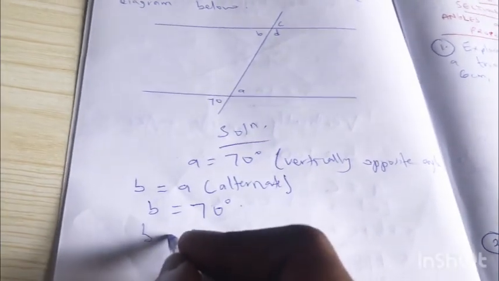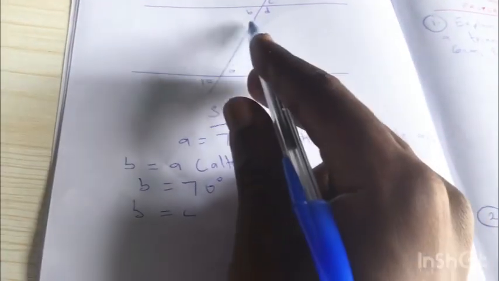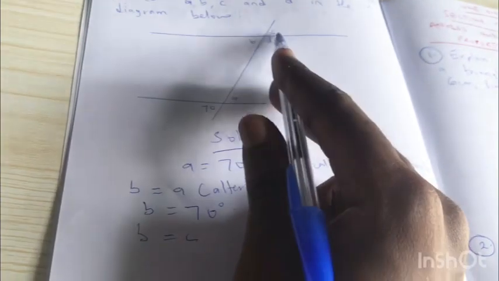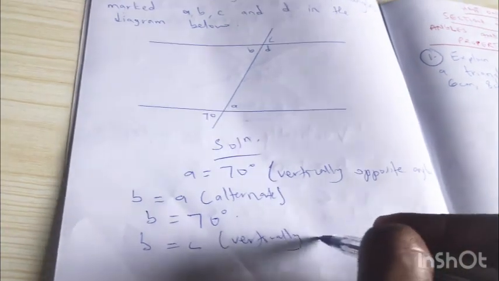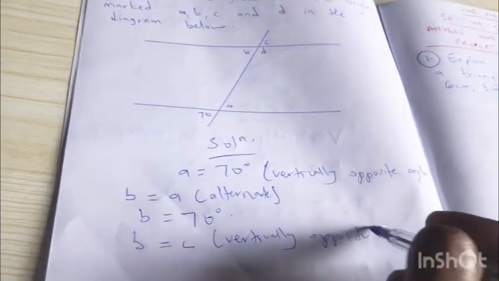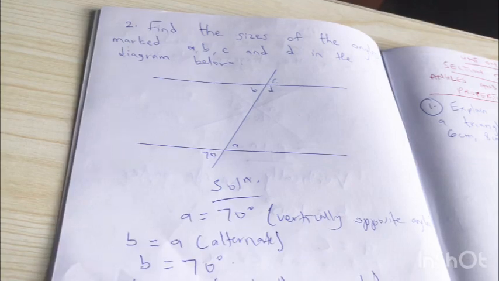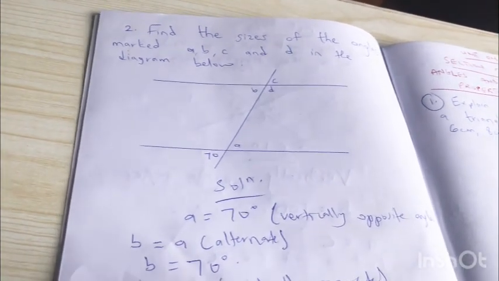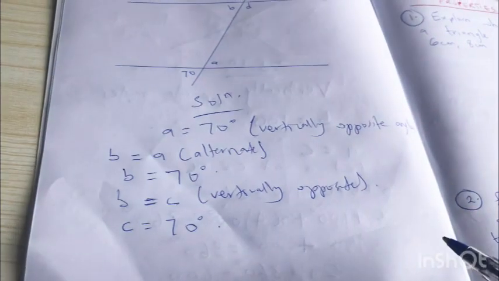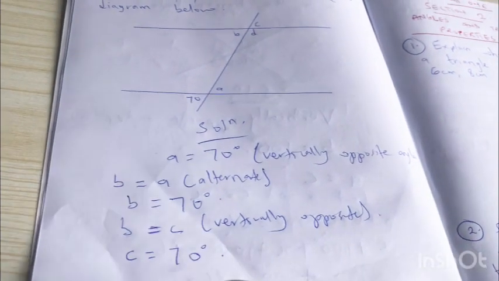What can we say about B and C as well? They are also vertically opposite. If they are vertically opposite, it means that they are equal. Then C is equal to 70 as well. Then the last one, D.